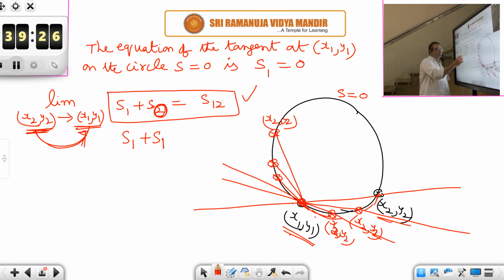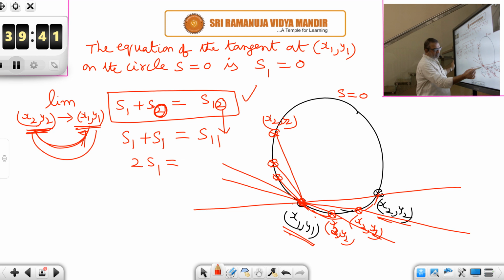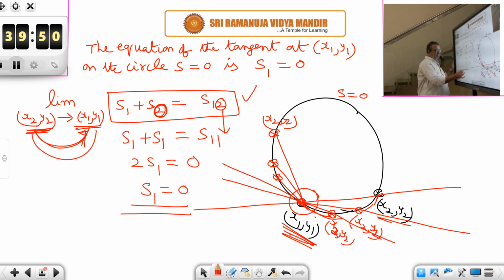Now s2 will become s1. Right side also s12 becomes s11, because x2 y2 is becoming x1 y1. That means 2s1 is equal to s11. But what is s11? s11 is 0 because the point x1 y1 is on the circle. So 2s1 is equal to 0. Therefore s1 is equal to 0 is the limiting equation of this chord.